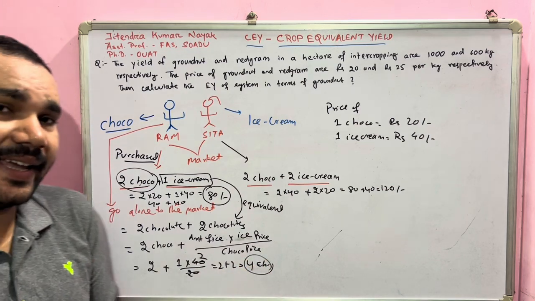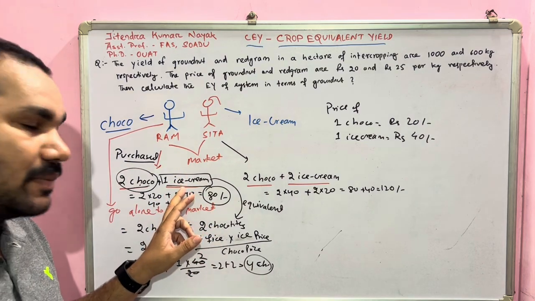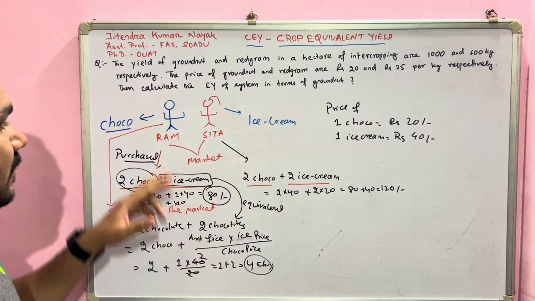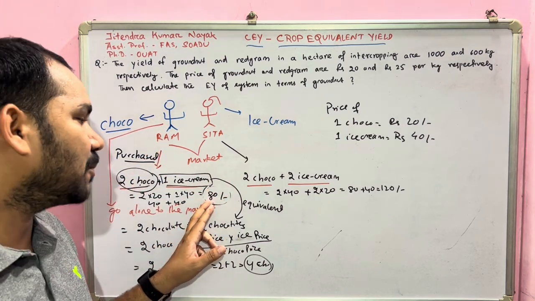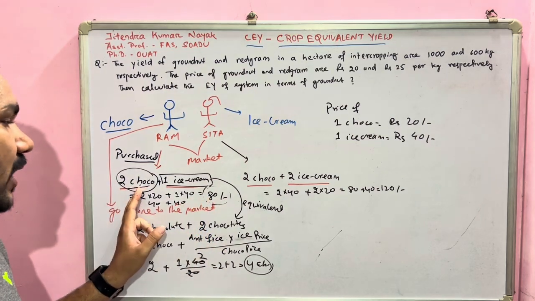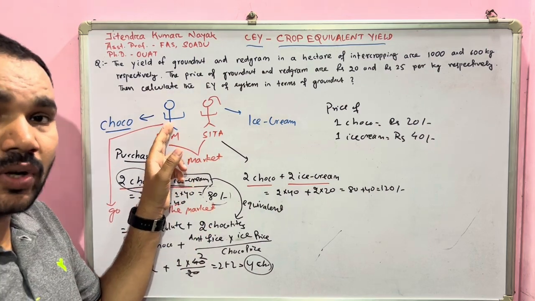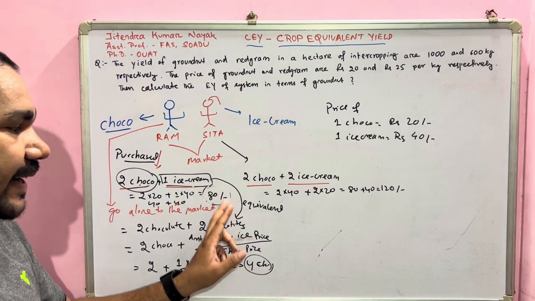So we have converted the ice cream: one ice cream is equivalent to 2 chocolates. Earlier Ram purchased 2 chocolates and 1 ice cream, but when he goes to the market alone, he purchases 4 chocolates with these 80 rupees.